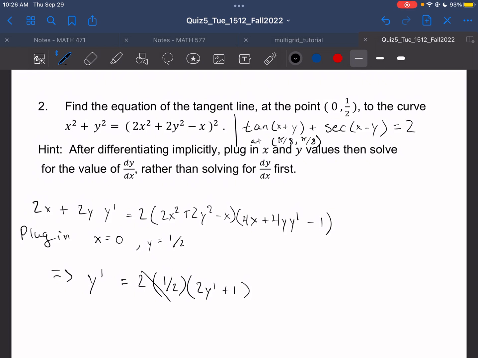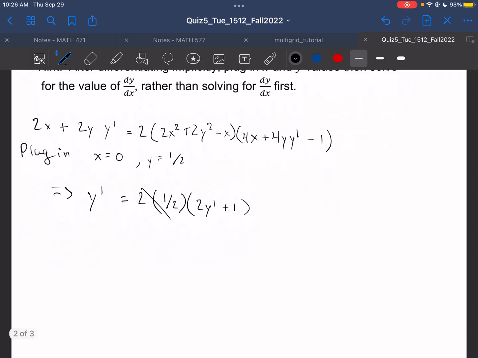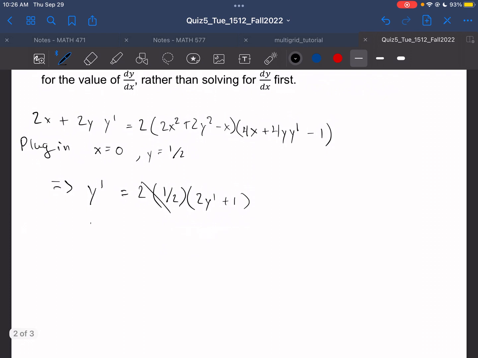So then the 2 and the 1/2 cancel. And then we can see that we have y prime equals 2y prime plus 1 minus 1, sorry. And then that gives us y prime equals 1.